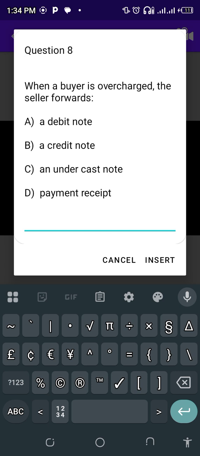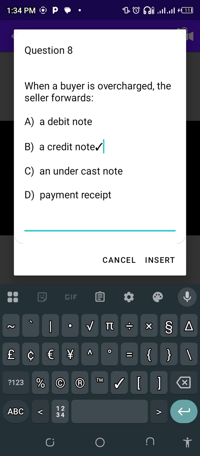And when the seller acknowledges the overcharge, it will forward a credit note back to the buyer. So when a buyer is overcharged, the seller forwards a credit note. So option B is the right answer. The seller will forward a credit note to the overcharged buyer to acknowledge the overcharge.